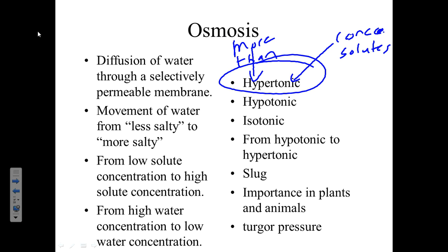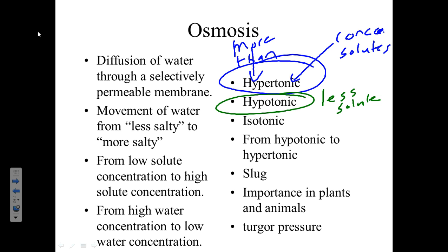So if we call a solution hypotonic, that means it has less solutes in it than whatever we're comparing it to does. So this means less solutes than what we're comparing it to. Hyper more, hypo less. What's iso mean?